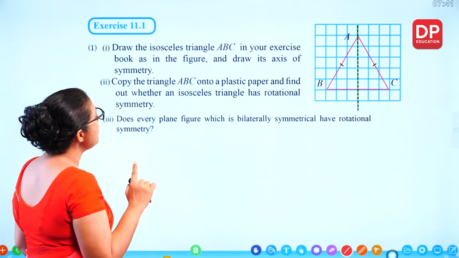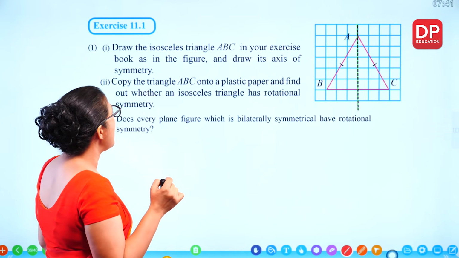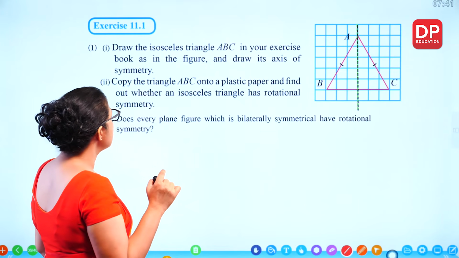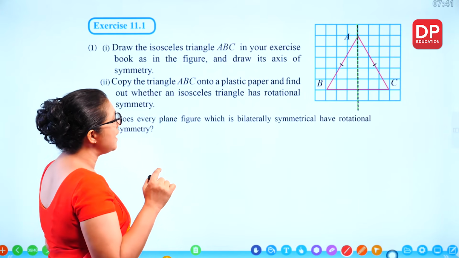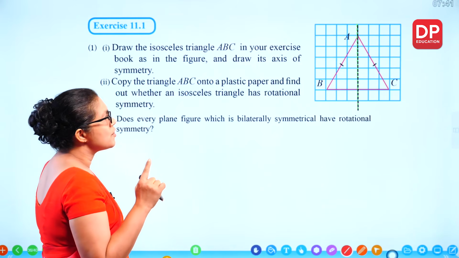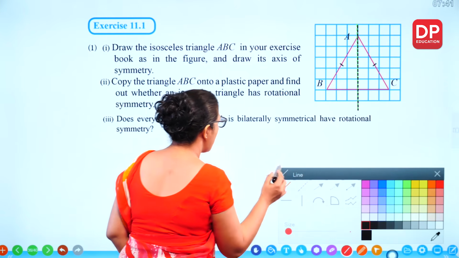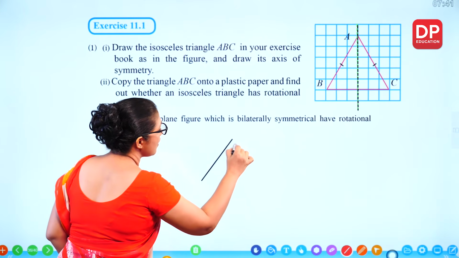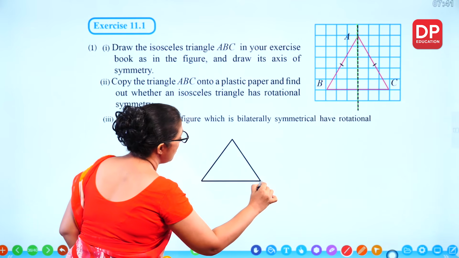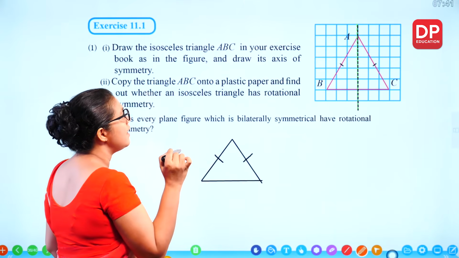Copy the triangle ABC onto a plastic paper and find out whether an isosceles triangle has rotational symmetry. Does every plane figure which is bilaterally symmetrical have rotational symmetry? What can you say about the rotational symmetry there? If it's isosceles, only 2 sides are equal.